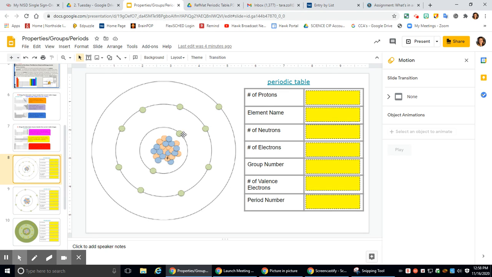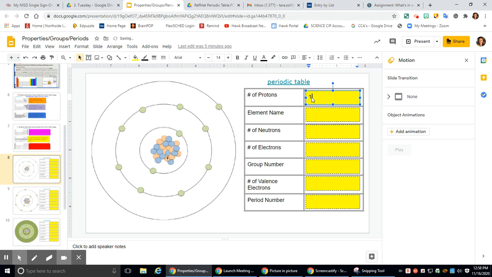So if I count my electrons, I should have my number of protons. So 1, 2, 3, 4, 5, 6, 7, 8, 9, 10, 11. I have 11 protons, so I have 11 electrons. By counting, my electrons equal my number of protons, so they're the same.